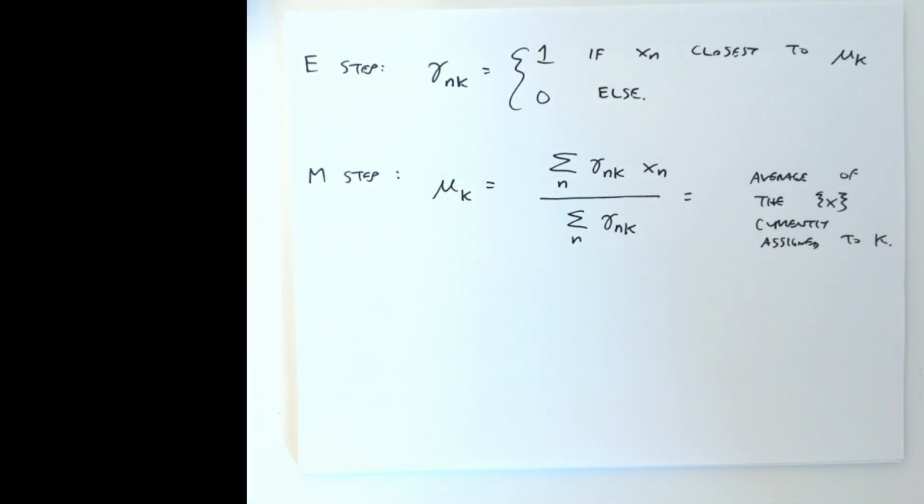So that's basically what k-means means. The k comes from the number of clusters, and the means part comes from this M step, because I'm finding the mean value of the points. And this process, we can show it converges, because at every step I can only make my life better. I'm always reducing my cost function.